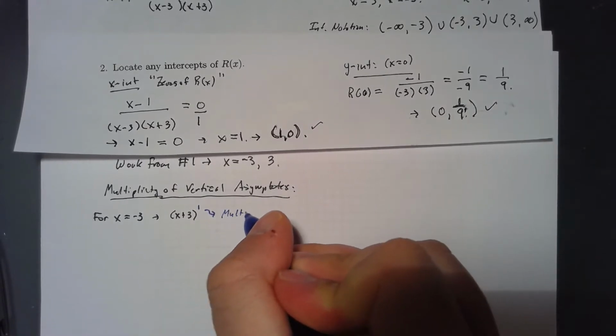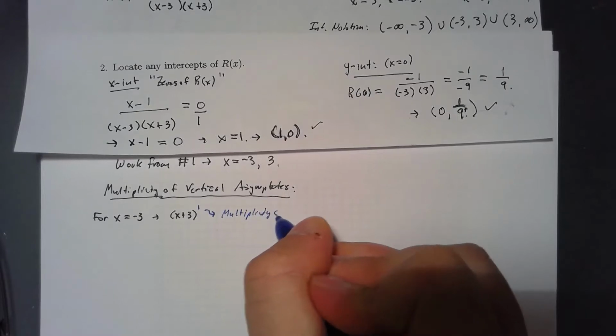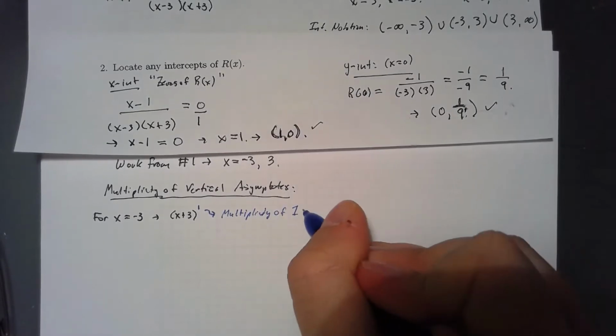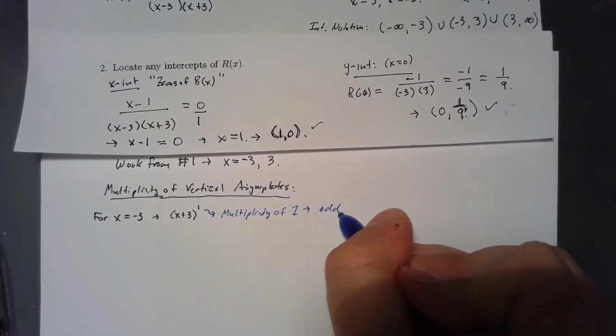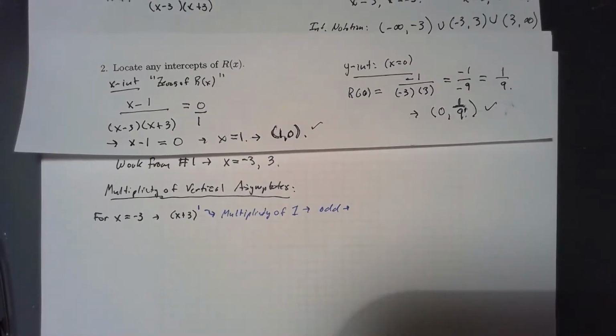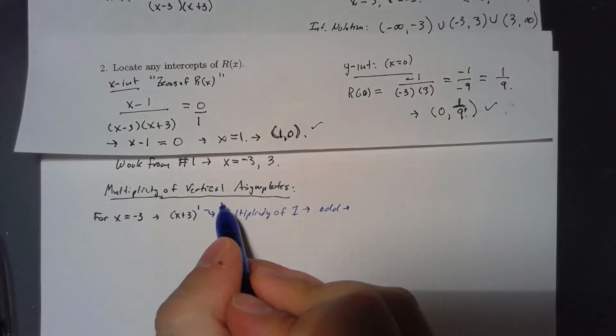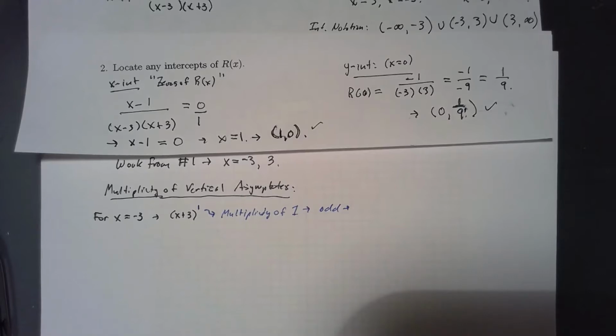So that has a multiplicity of 1, which is odd. Now, this is a vertical asymptote, not a root of the function.